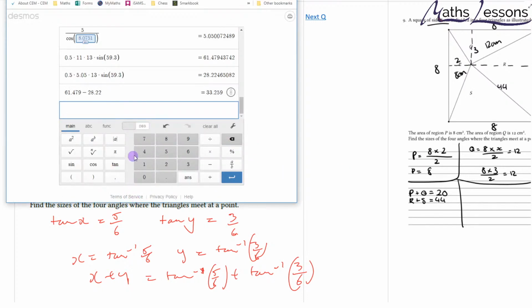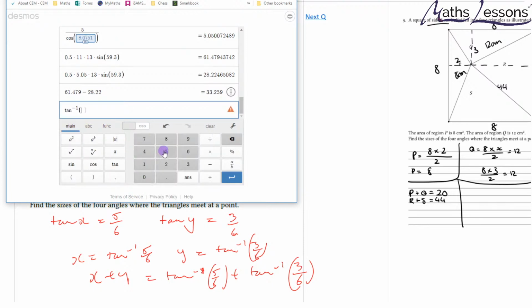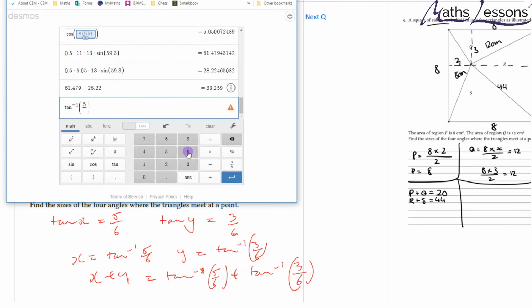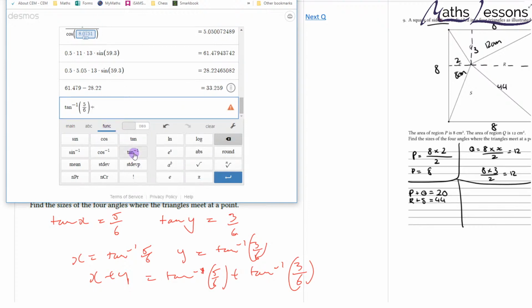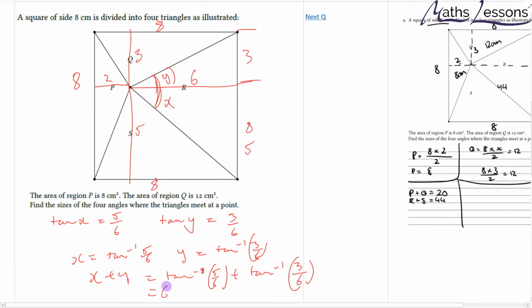And what we get, so we've got inverse tan of 5 over 6. Add on to that the inverse tan of 3 divided by 6. And we get 66 for this. And you can do all the other angles exactly the same way.